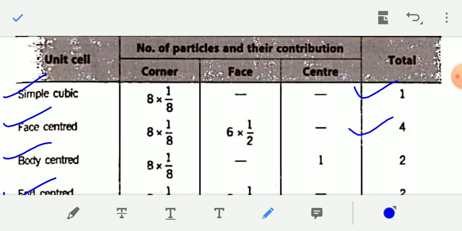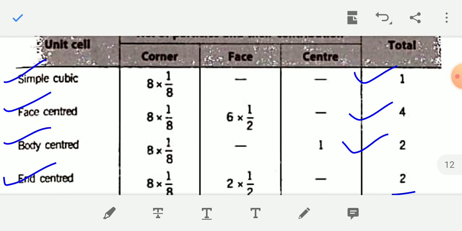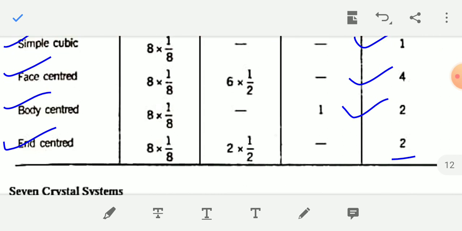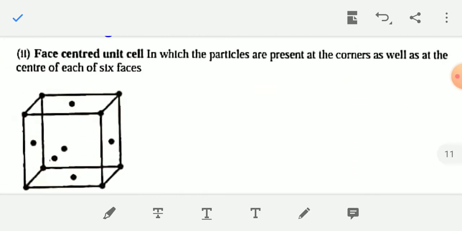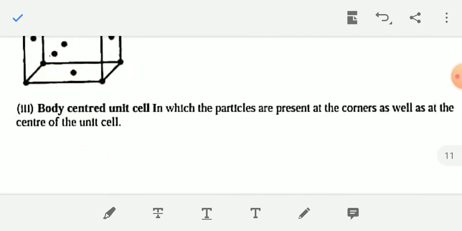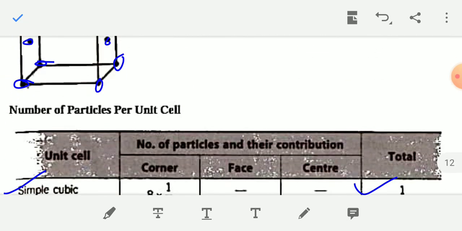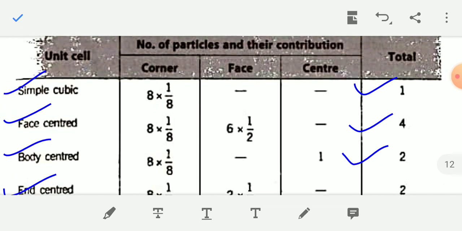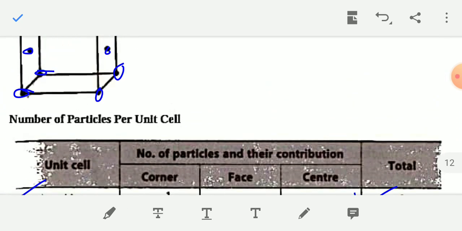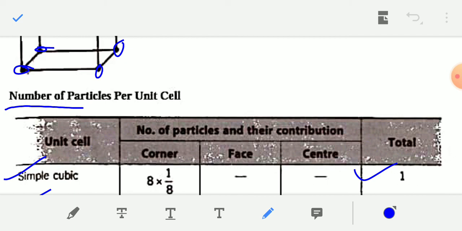In case of body centered unit cell, on an average 2 particles are present within the unit cell, and in case of end centered, on an average 2 particles are present. Okay, so I have already told about different types of unit cell: face centered, body centered, simple, and end centered. And you have to remember this calculation of number of particles per unit cell.